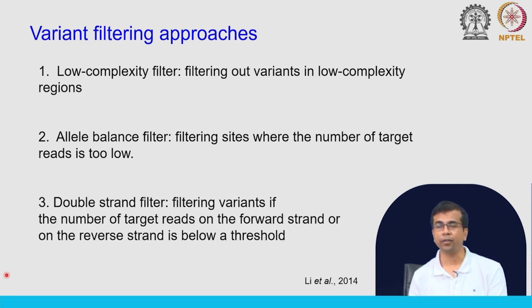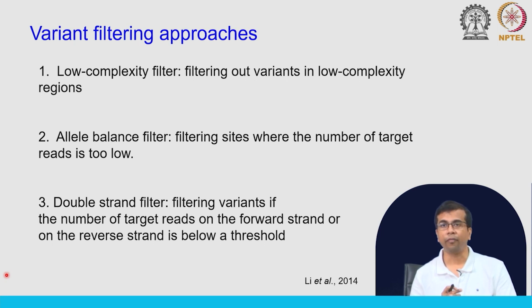The third one is the double strand filter. What it means is that we filter out variants if the number of target reads on the forward strand or on the reverse strand is below a threshold. In the general approach, when we are identifying a variant, we want this variant to be present in the reads that are mapping to the forward strand as well as in the reads that are mapping to the reverse strand.